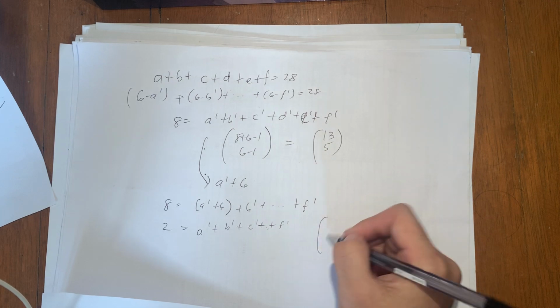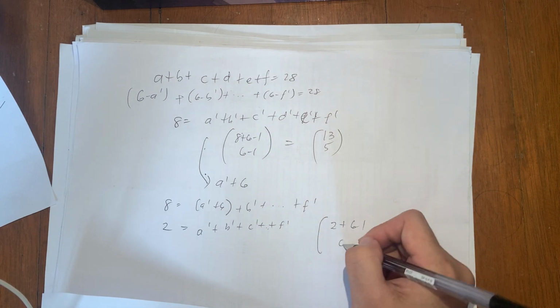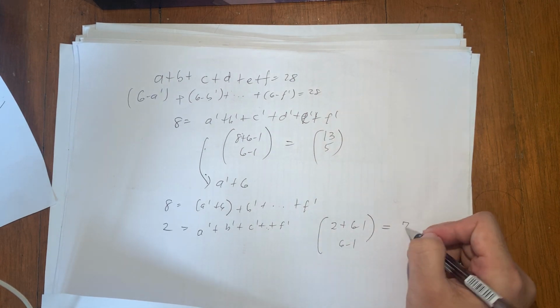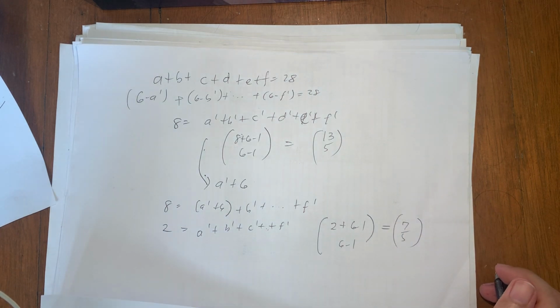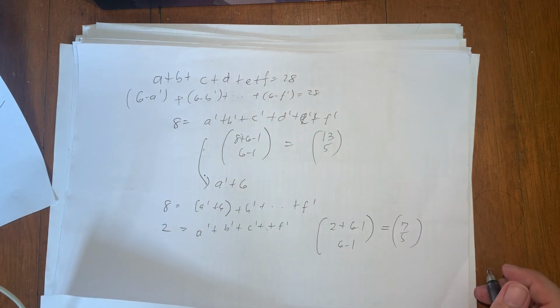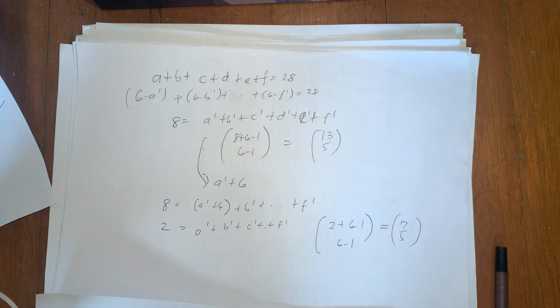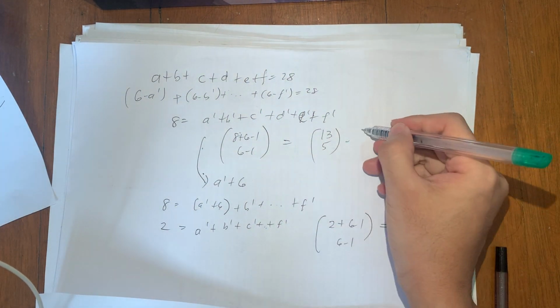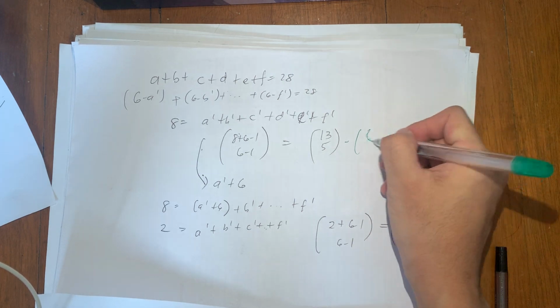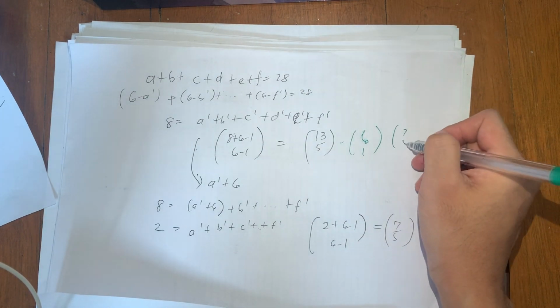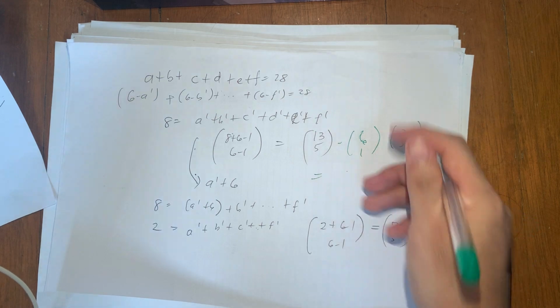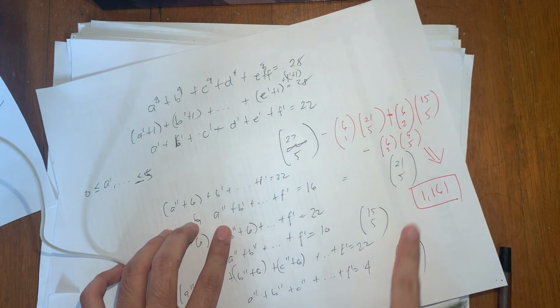Number of solutions for this one is 2 plus 6 minus 1 taken 6 minus 1 is equal to 7 taken 5. Tama ba to? 7 taken 5. So, the number of times is subtract natin dito is 6 taken 1 times 7 taken 5. So, the answer should be what we got here, 1161.